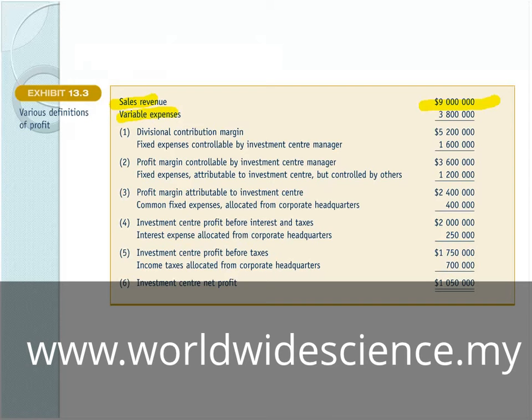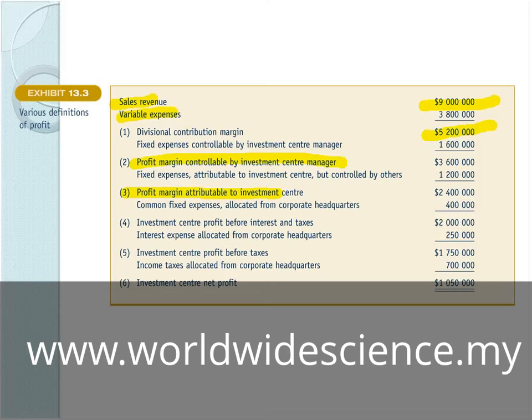First is the divisional contribution margin, which is equal to 5.2 million, right? Then second one, we have a profit margin which is controlled by the investment center. We get it when we deduct the fixed expenses controlled by the investment center manager. The third is the profit margin which is attributable to the investment center.